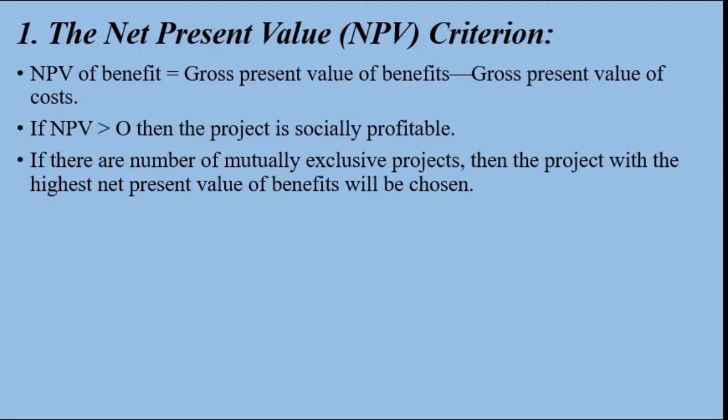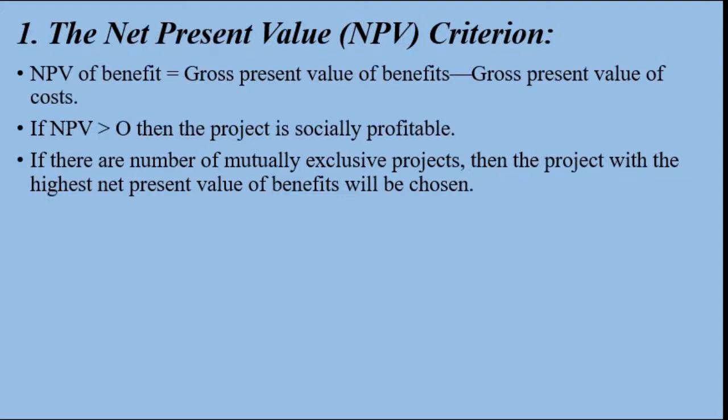Once again, the net present value criterion for project evaluation neglects the time horizon. Here the capital investment gives benefit after the lapse of some time. Therefore, the future benefit and cost cannot be equated with the present benefit and cost.